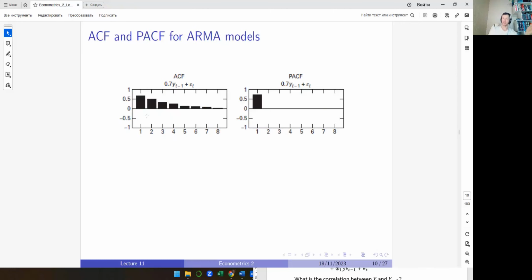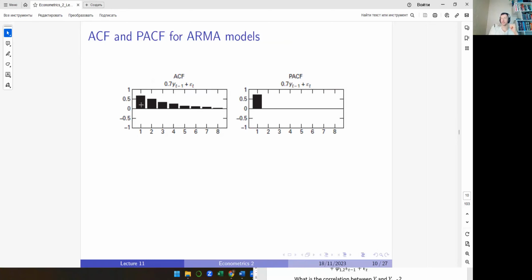So now here are some illustrations of what we've been talking about. This is an AR(1) model, so 0.7 y t minus 1 plus epsilon t. This is the ACF for this model, for 8 lags. You see that it slowly decays, but still it goes toward 0, but never reaches 0.